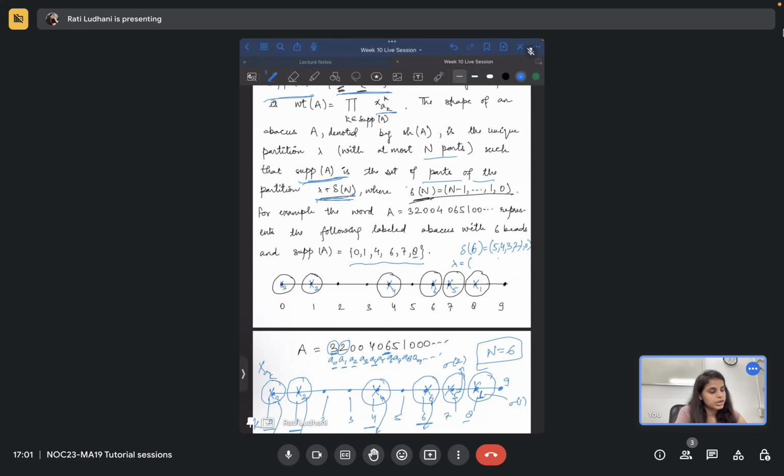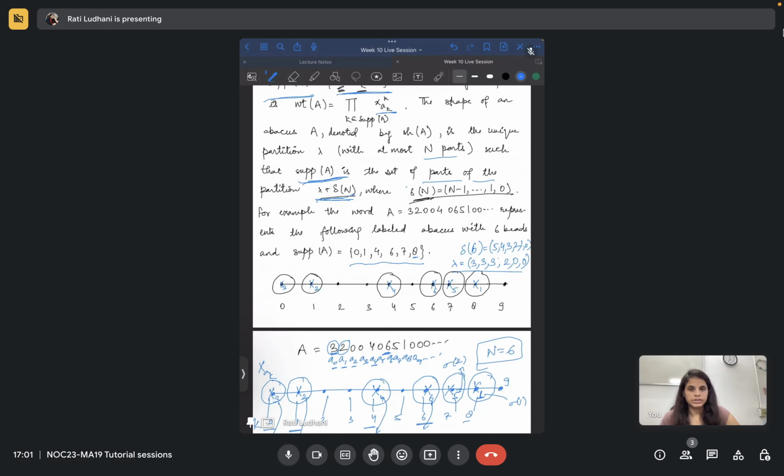And the partition we will always write in the form of a weakly decreasing thing. So we start with 8 and go down. So lambda is this. Is that clear?